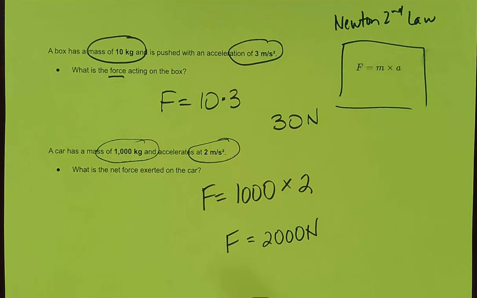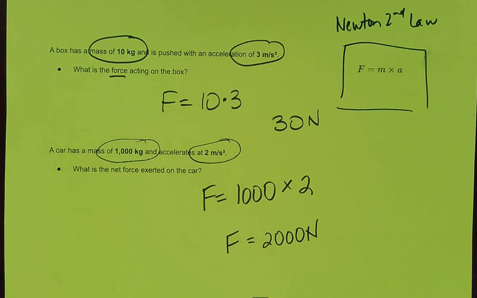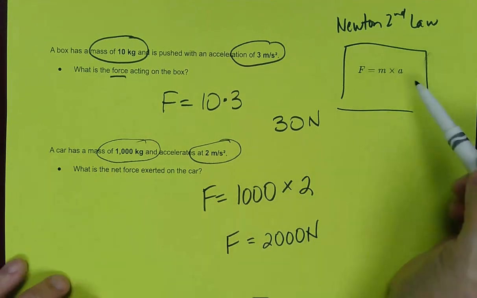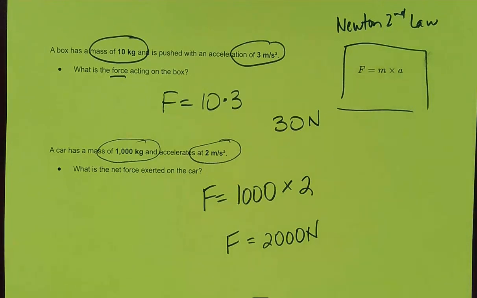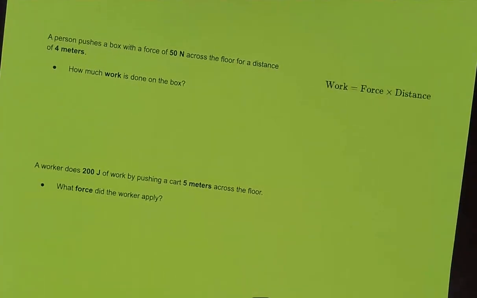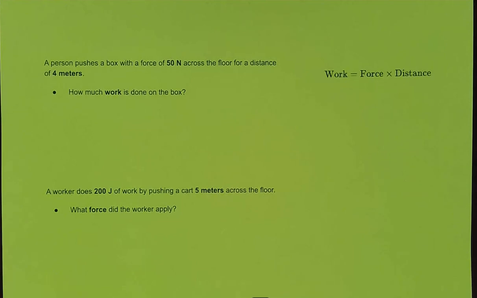Sometimes they'll have you work backwards. They'll give you the force and ask you to find the mass or the acceleration using this formula. If you take the force and divide by whichever one they give you, that will give you the other variable, mass or acceleration. One other one that I have to show you has to deal with work. Work and power are some physics terms as well that you might want to get familiar with.